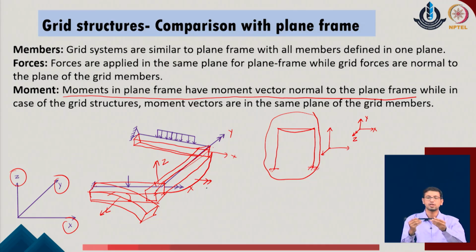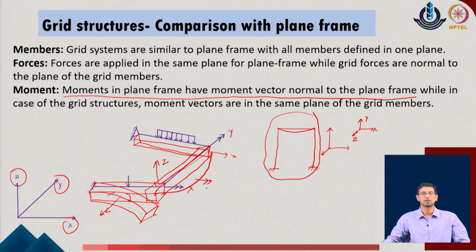That is why the direction of the moment is actually in the same plane of the given system. Whereas, when we talk about the plane frame, the member, if it is defined in this given plane or the vertical plane, the loading has to be also active on the same plane of the system. Okay. So, this is a primary difference which we must understand in terms of the grid and the frame system.